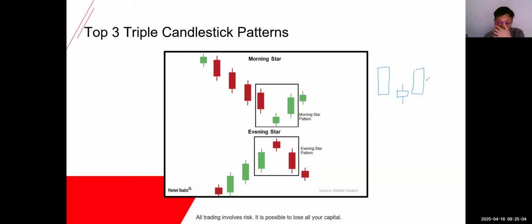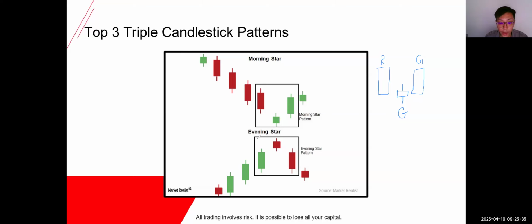This is more commonly found. But in order for it to work, it needs to be red, green, green. All right.